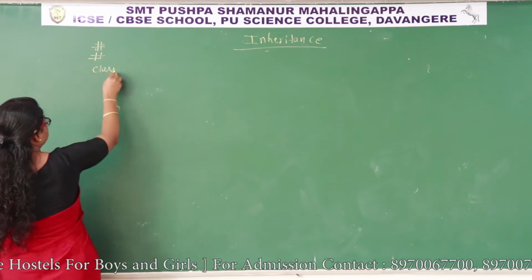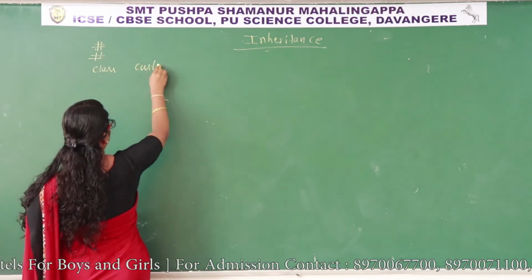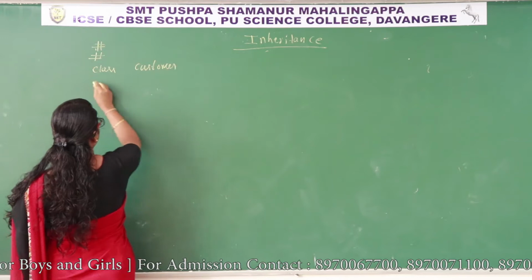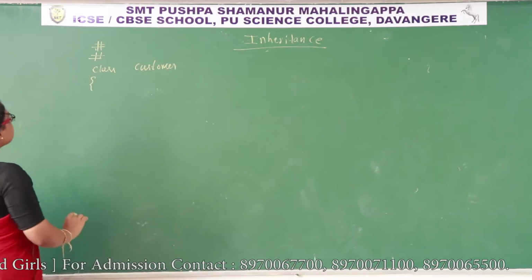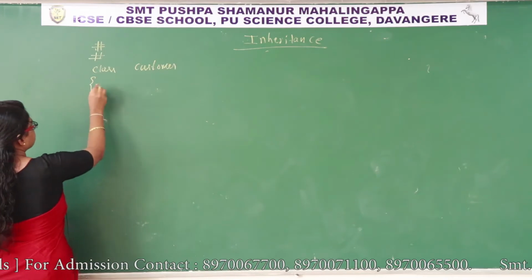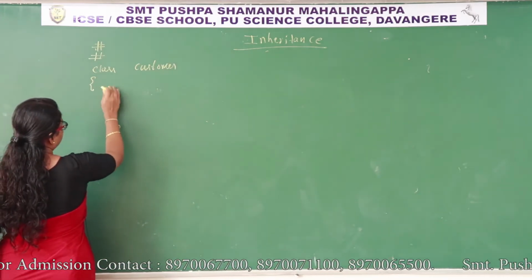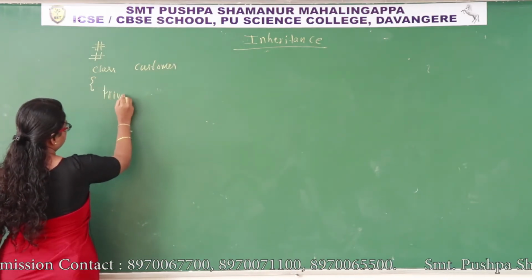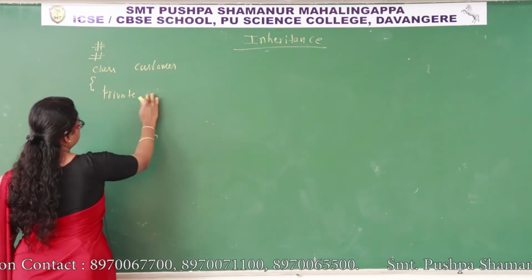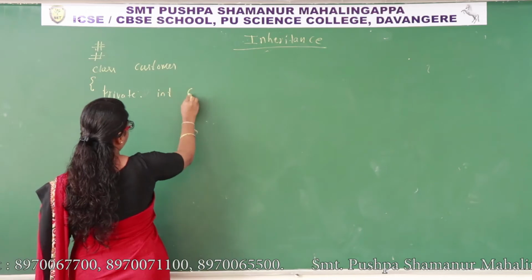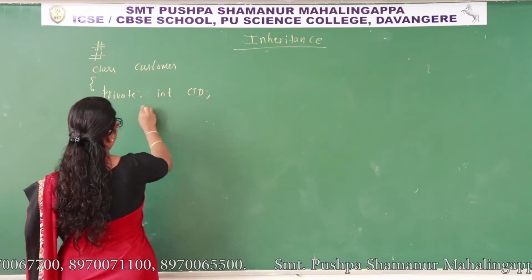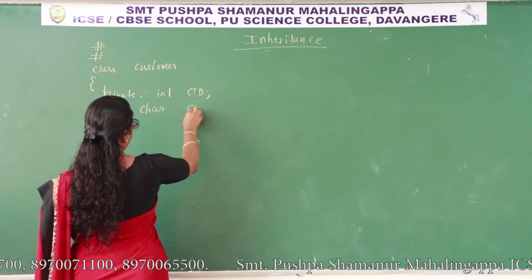Class customer, in the private section. I'll take customer ID, integer type customer ID, and customer name, char cname.